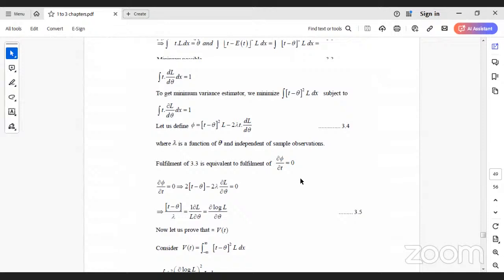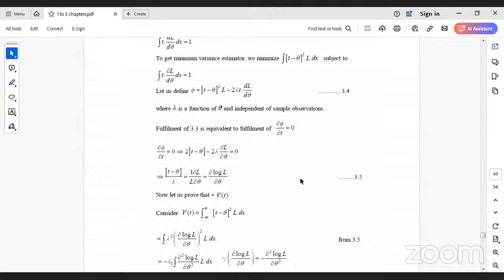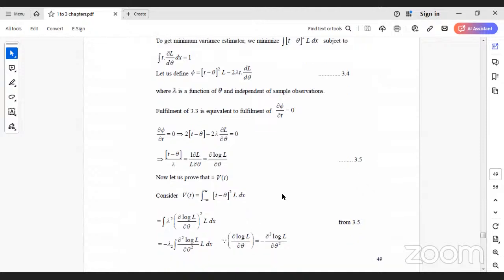Let us prove that V(T) equals lambda. Consider the integration from minus infinity to infinity of (T minus theta) whole square L dx. We write it using the above condition: integration of lambda square (dou log L by dou theta) whole square L dx.